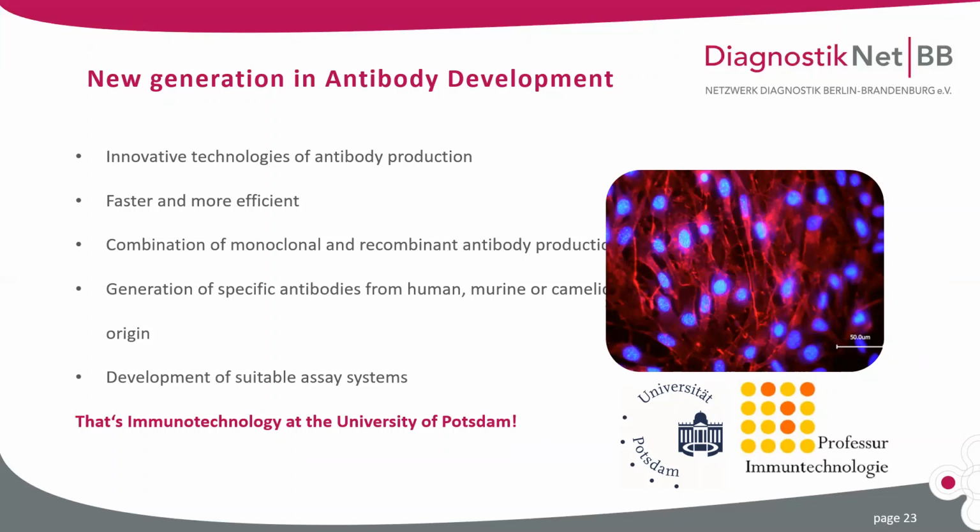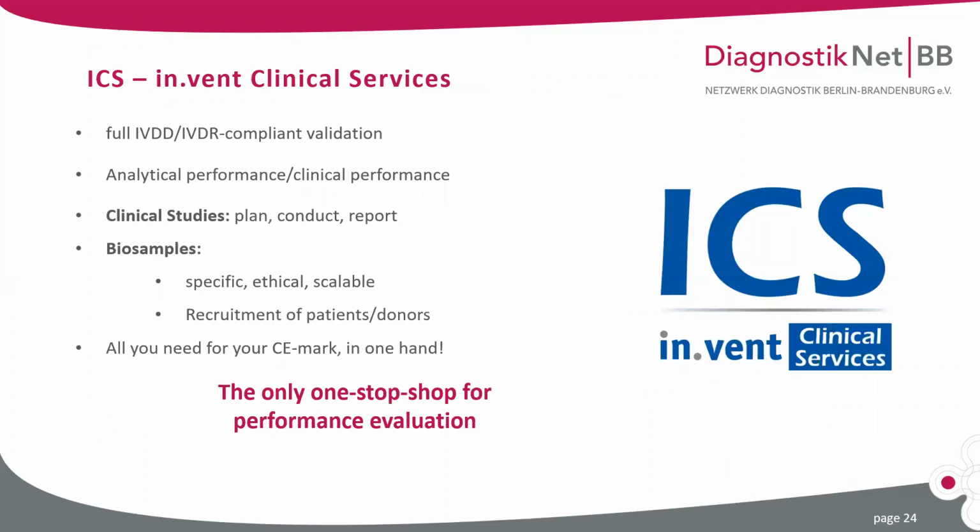The combination of monoclonal and recombinant antibody production is possible, and the generation of specific antibodies from human, murine, and cameloid origin is possible. So this is a specific set of antibodies, very useful to establish routine diagnostics under certain circumstances, and the assay systems can be pre-developed with the University of Potsdam.